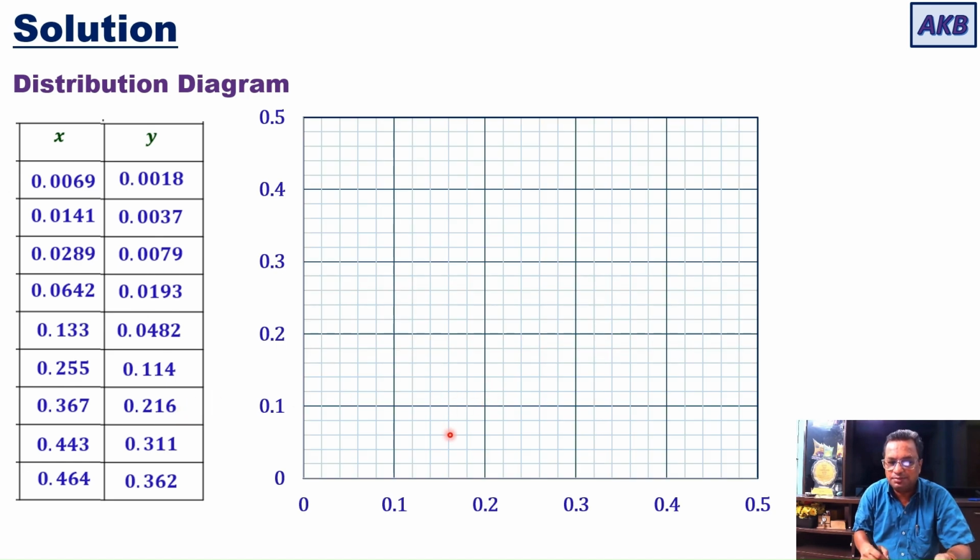I'll be using a simple rectangular graph where x will be plotted on the x-axis and y will be plotted on the y-axis. And for reference, I'm drawing a diagonal line. If you plot the given data, you'll get a curve.